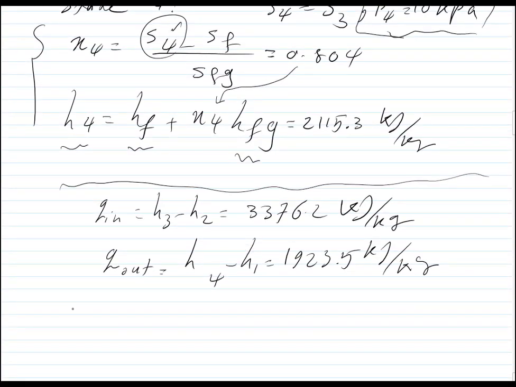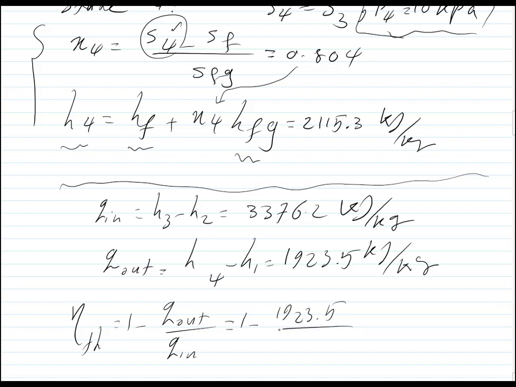Okay, now we need to calculate the thermal efficiency. Again, with the same procedure, we can calculate the thermal efficiency of the cycle. We have both Q in and Q out. Just substitute them in the equation. We will have the efficiency, which is 43%.